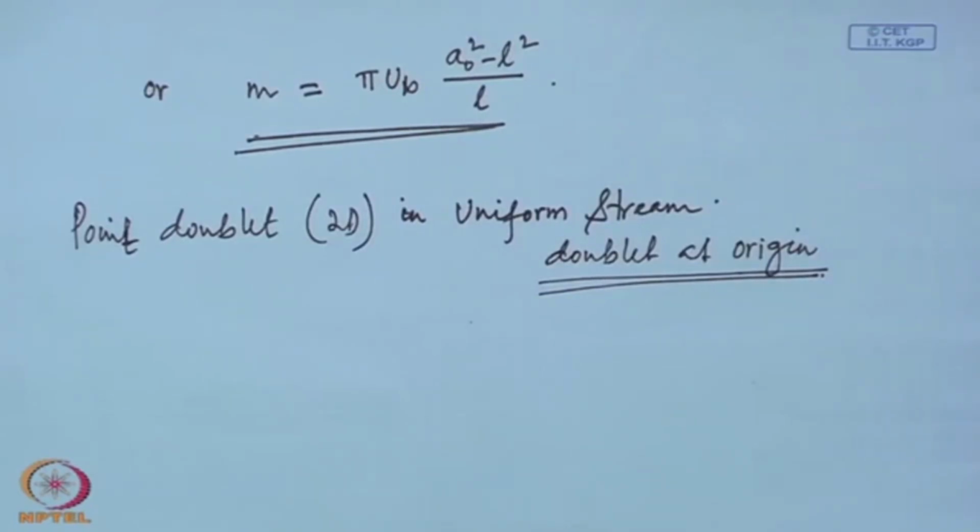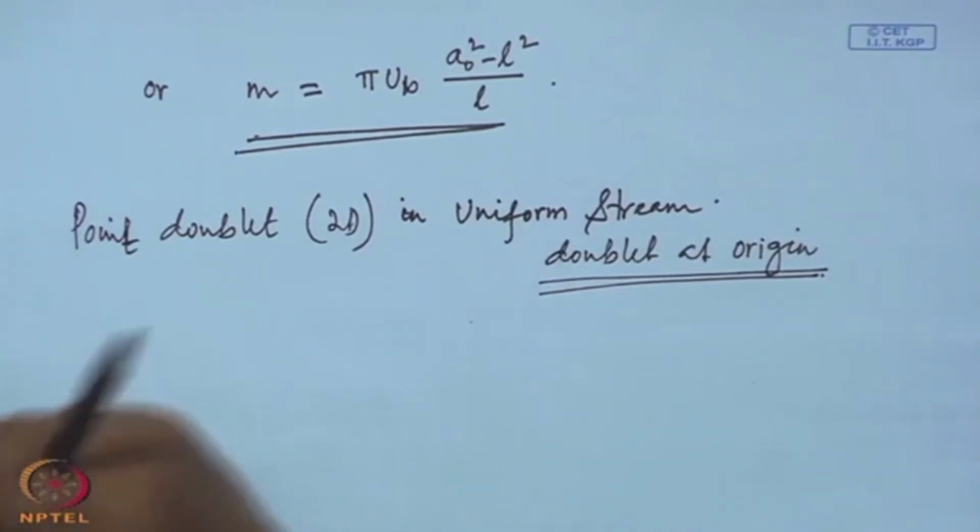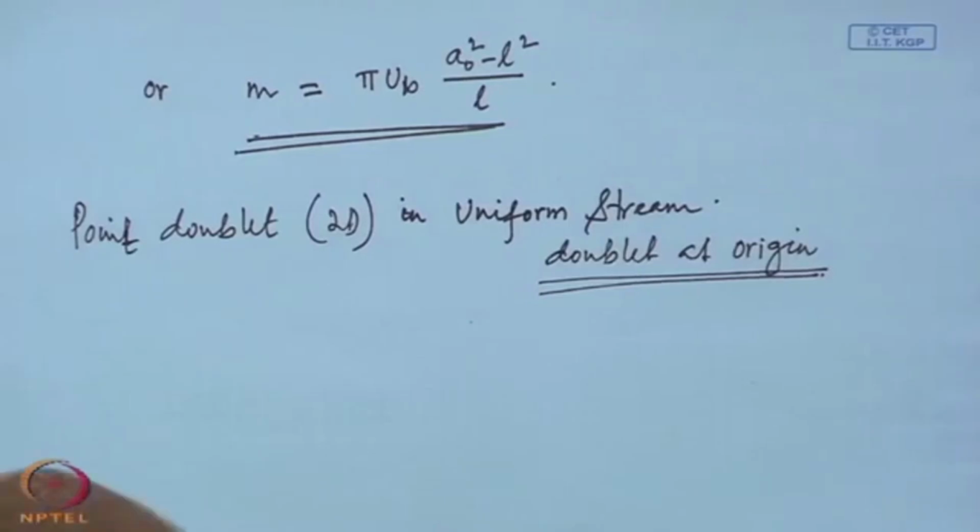But before we start writing this potential and stream function, of course, by now you can do it easily, the approach is the same. We will bring something to your notice. Look, the first problem that we considered, a point source in a uniform stream. The resulting body is closed at one end, the end near the source.